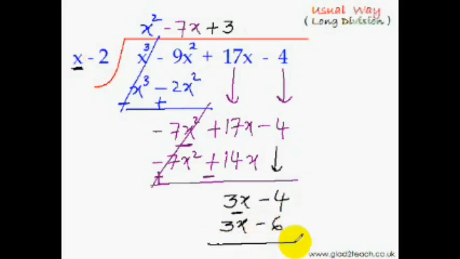And once again you subtract it by changing the sign. This is plus 3x, so it will become minus 3x. This is minus 6, it will become plus 6. These terms cancel out. This is minus 4 plus 6, which is plus 2. And finally we have solved this question. So whatever is left here will be the remainder.